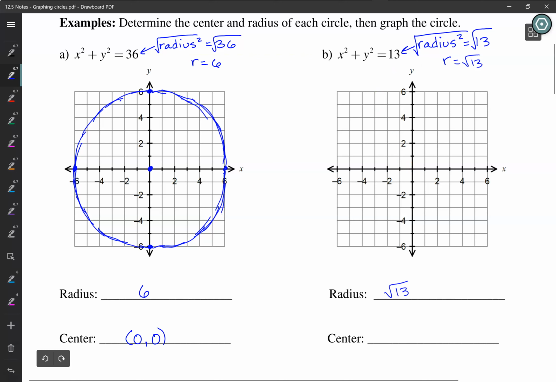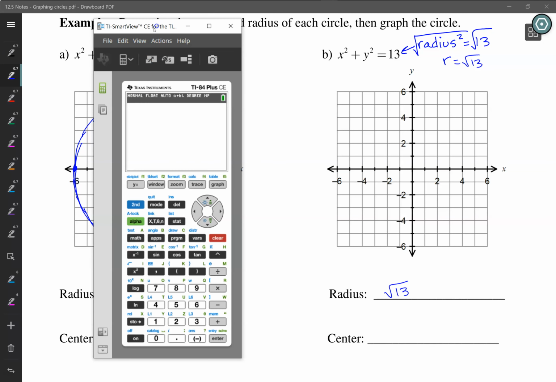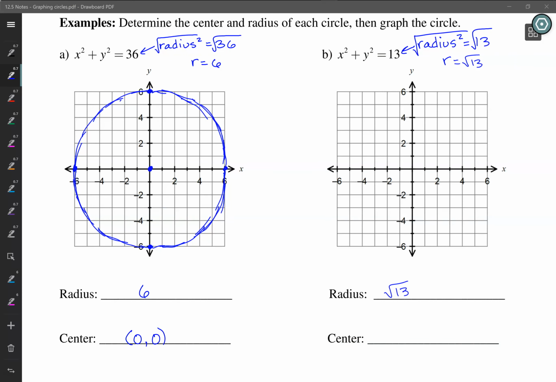I don't exactly have tick marks that are the square root of 13 apart. I kind of need a decimal for that. So I'm going to get a decimal for the square root of 13. That's about 3.6. And I'm just going to guesstimate. It's not going to be perfect. My circles aren't very good anyway, so it's okay.